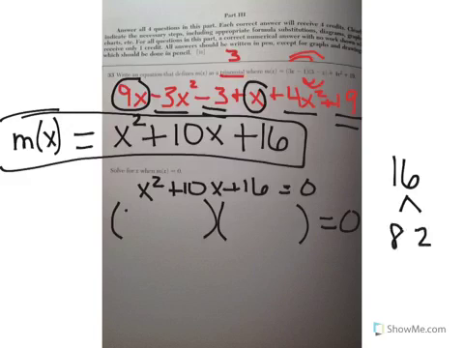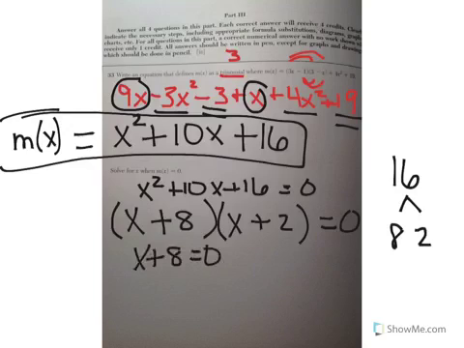So when we go to factor, we always have our x and our x. We're going to have plus 8 and plus 2. Now, to actually solve for x, we have to set each parenthesis equal to 0. And now I can just solve for x. So we have a one step over here, subtract 8, so x would equal negative 8.